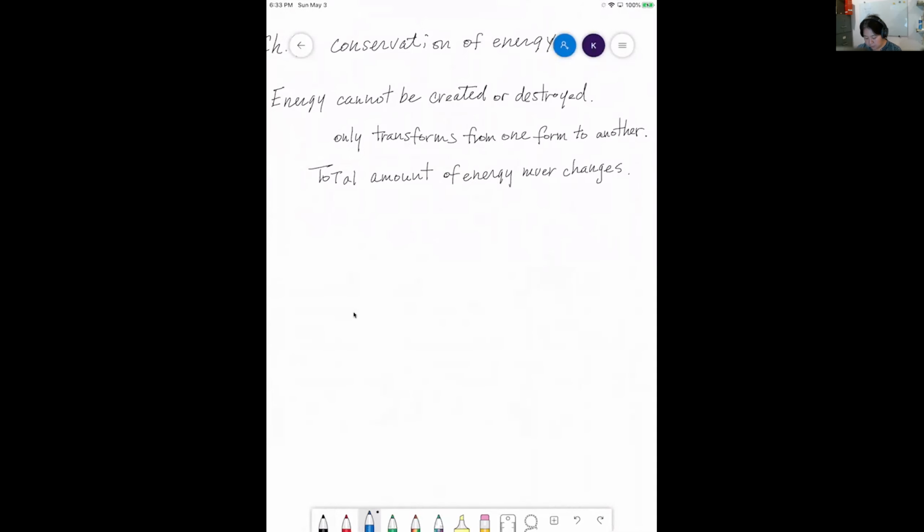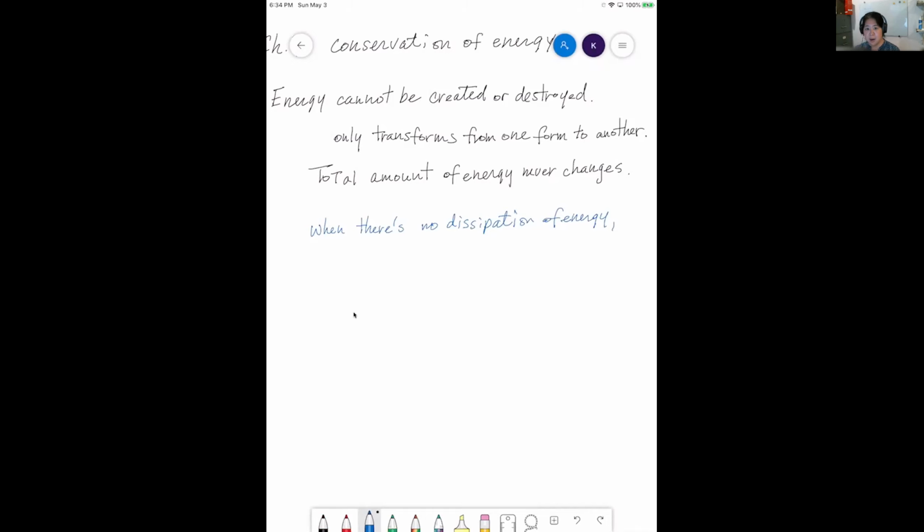Then sometimes, when there is no dissipation of energy, like heat dissipation, where you lose the kinetic energy through heat, or a friction force lowers the kinetic energy.